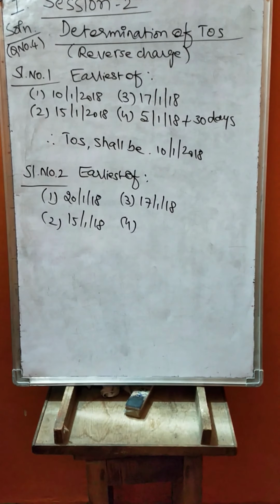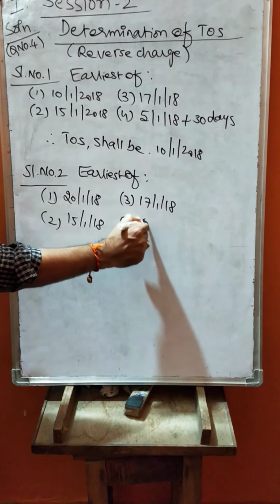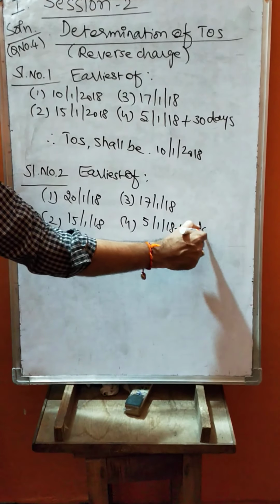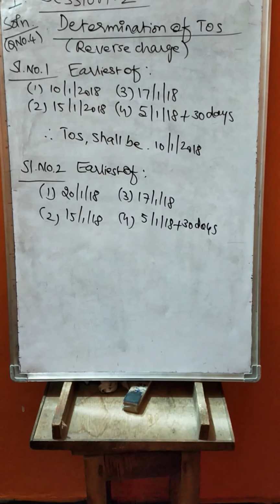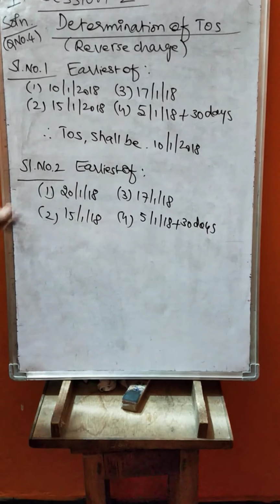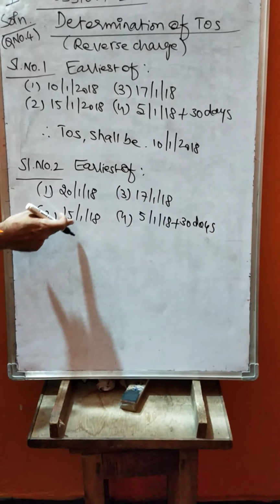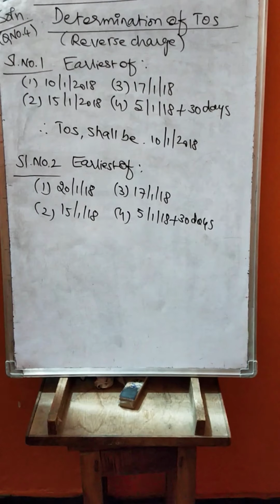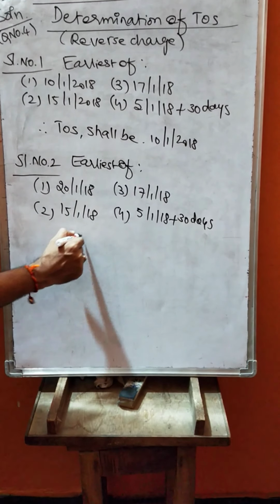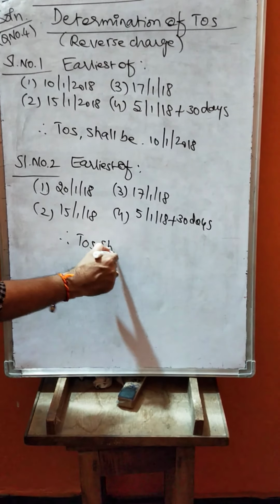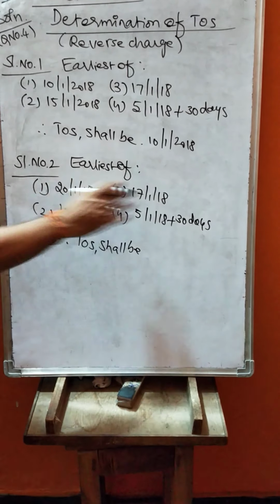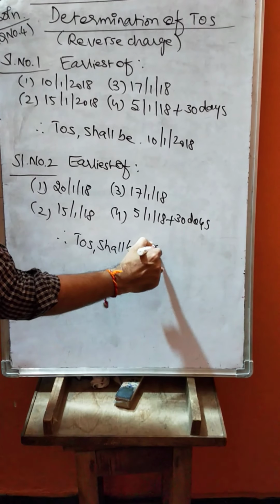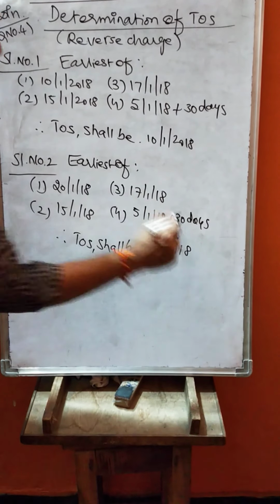Fourth date, that is the date of issue of invoice, is 5th January 2018. For that, how many days need to be added? 1 month, that is nothing but 30 days. So 20th January, 17th January, 15th January, and after adding 30 days, 5th February. In these 4 dates, which is earliest? 15th January 2018.